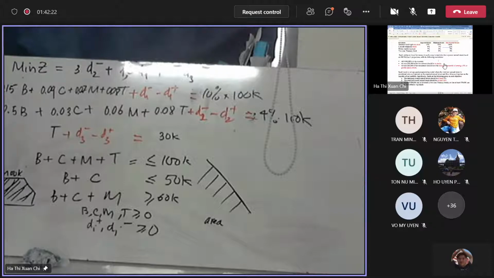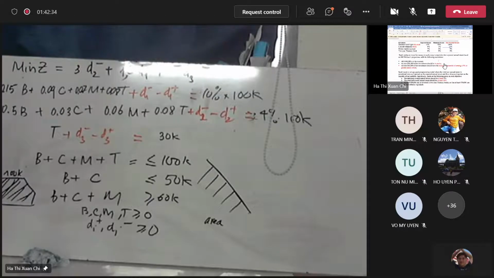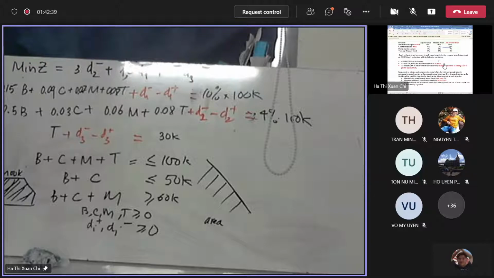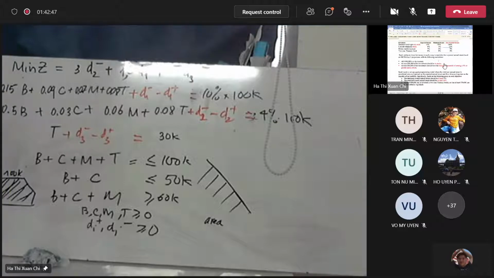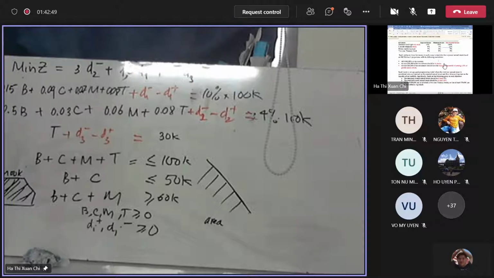If your ideal solution is outside, we try to find which one is close to it. So for example, here is the ideal solution. It means we try to find the efficient solutions and select the one closest to the ideal solution.